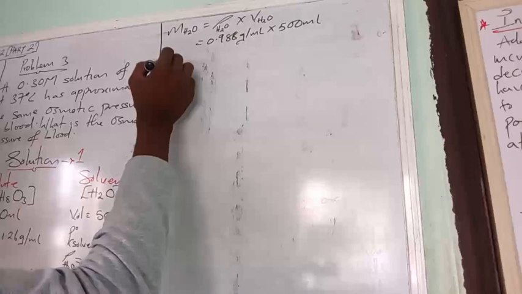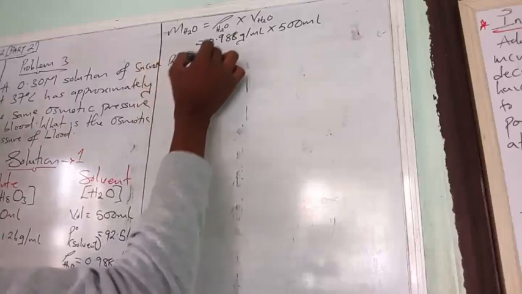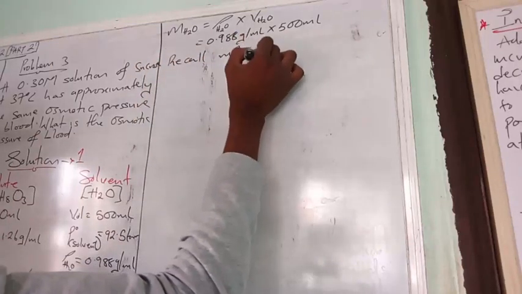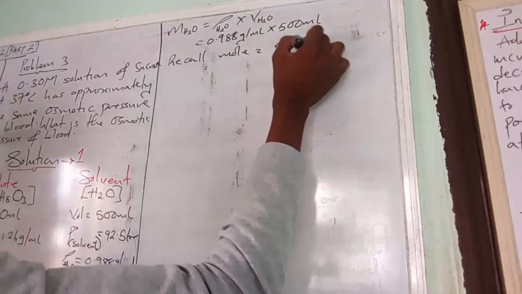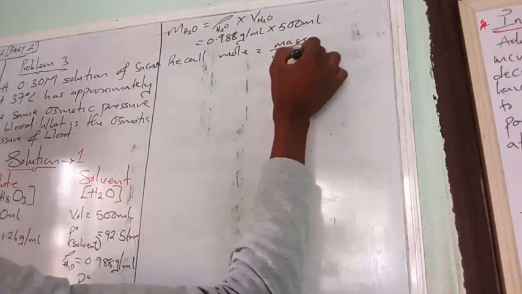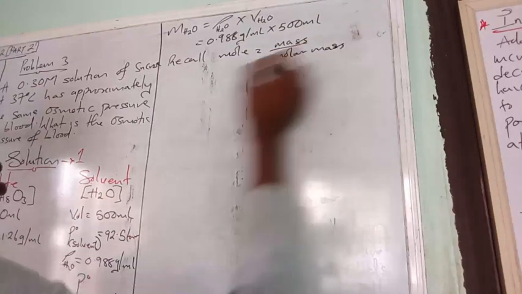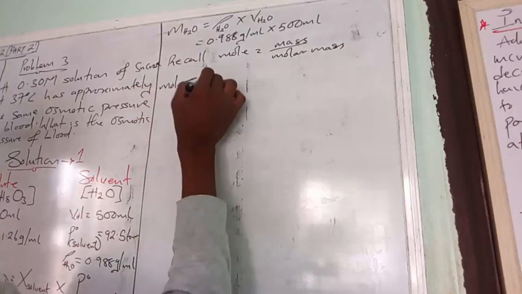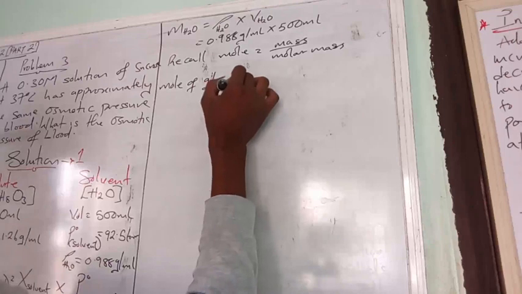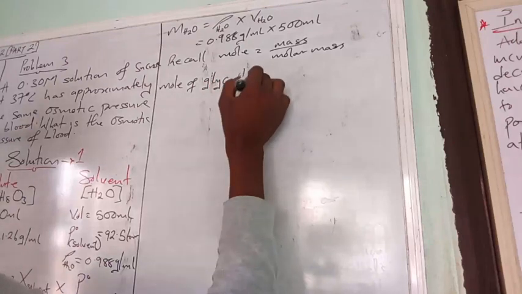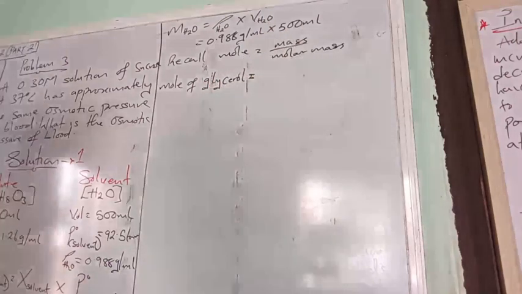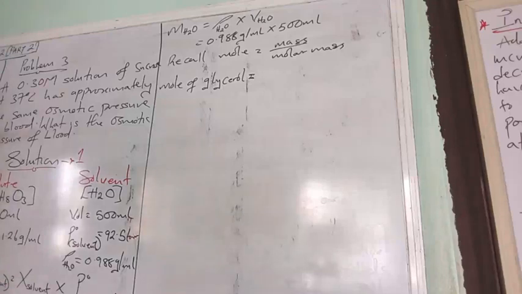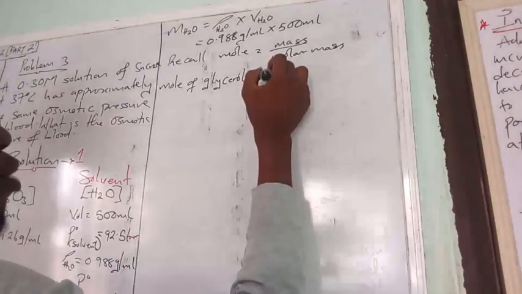Now, we recall also that mole is equal to mass over molar mass, because that mole we need. So what will be the mole of glycerol? Mole of glycerol equals mass of glycerol over molar mass of glycerol. We got the mass of glycerol before as 12.6 grams.